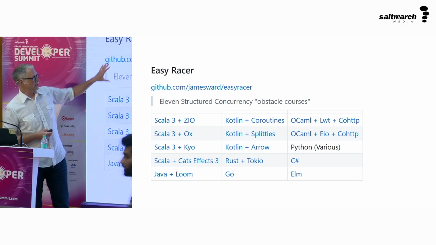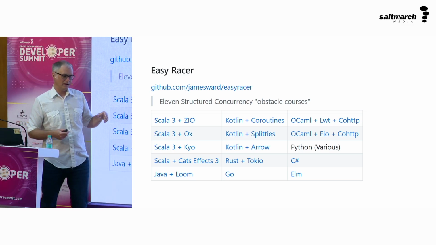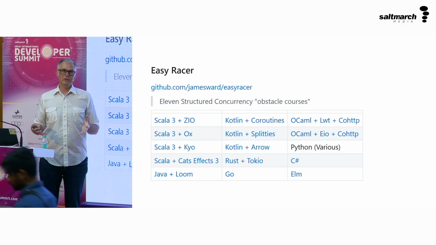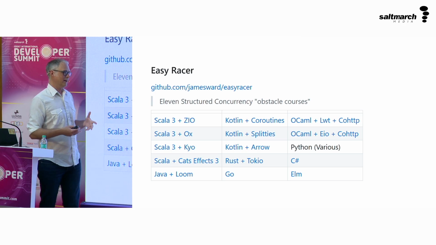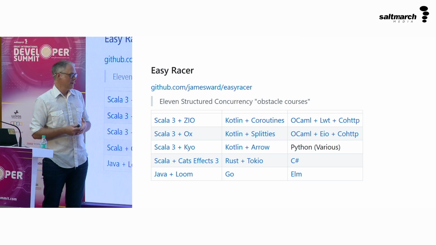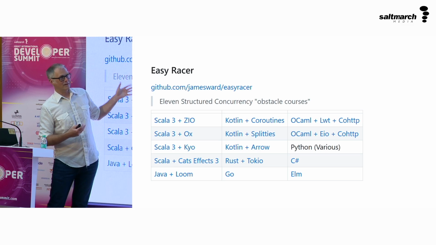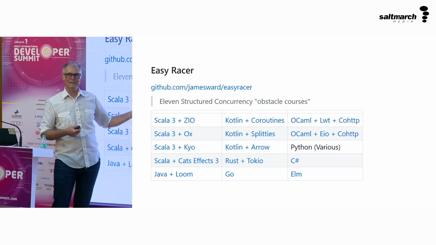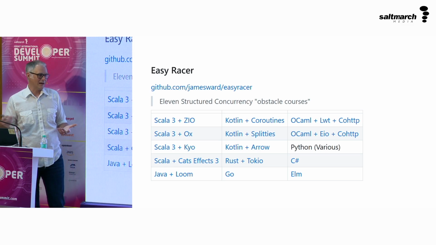So I created this Easy Racer, and it's a server. What you do is you try to accomplish these tasks. There's 11 of them, and then there are different implementations of the client that actually try to do those obstacles.